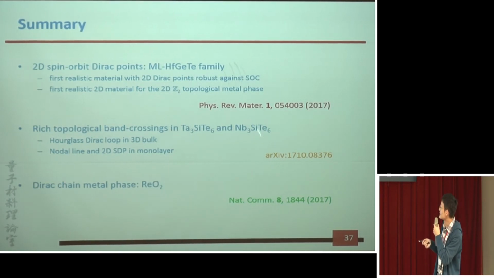And the second is about these two materials. We find the hourglass Dirac loop in the 3D bulk, and also nodal line and 2D spin-orbit Dirac point in the monolayer form. So indeed, there are very rich band features in this kind of material. And the last is we propose the concept of Dirac chain metal, and we find an example for its realization.